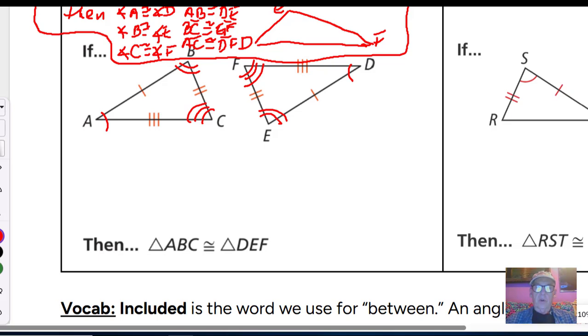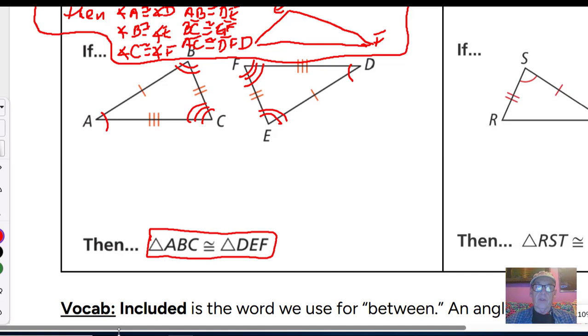So the correct writing of the congruence statement in order has the congruent parts of the triangle, so we can dig those out. Now it turns out that if we can show that 3 sides match between 2 different triangles, that's enough for us to know that the triangles are congruent, which means that all of their parts are congruent.